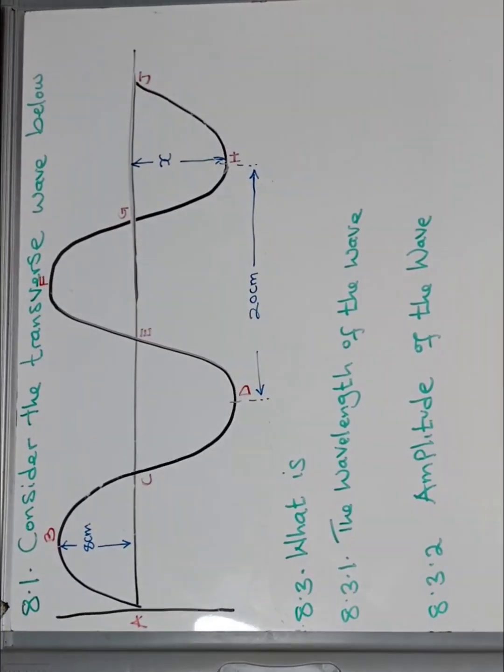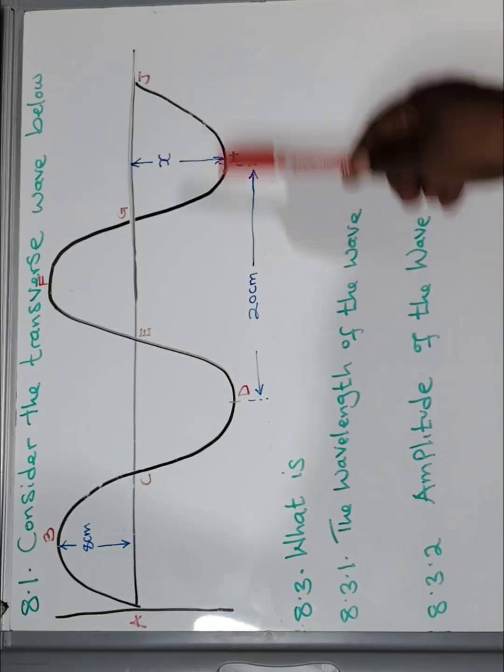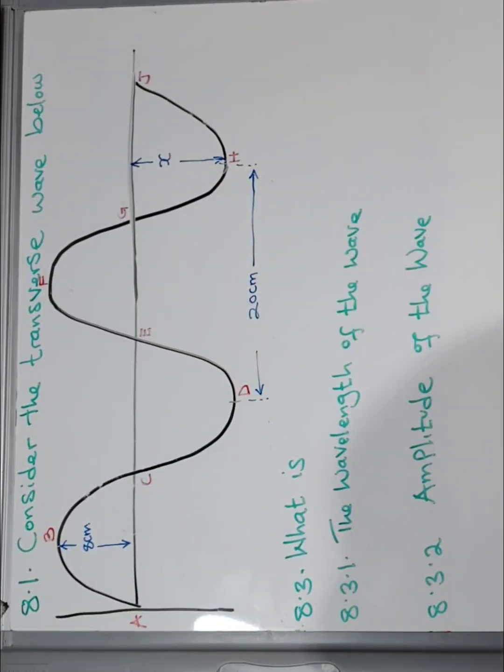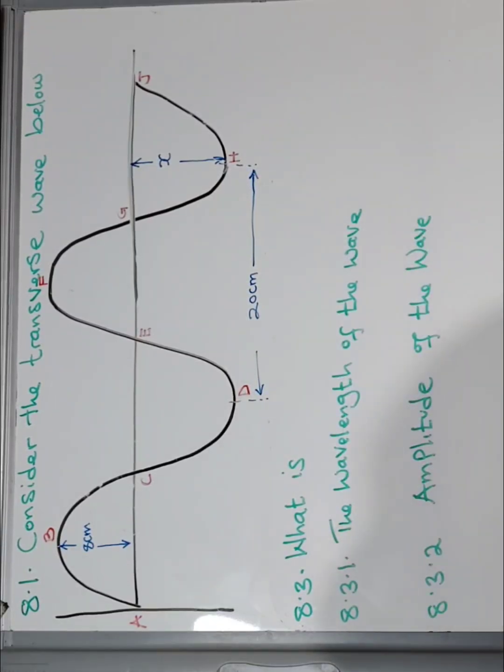Then comes this question. It says, what is the wavelength of the wave? Okay, when you look at here, we are going to note that D and E are in phase and they're next to each other. So the distance between them represents the wavelength, and that distance is 20 centimeters.